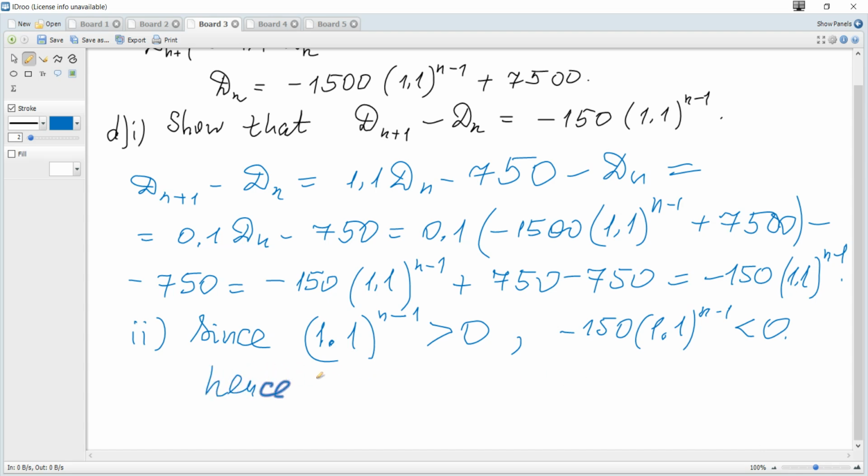Hence it is equal to Dn plus 1 minus Dn, so it's negative, so Dn is greater than Dn plus 1 as required.